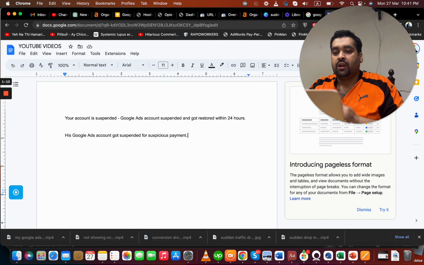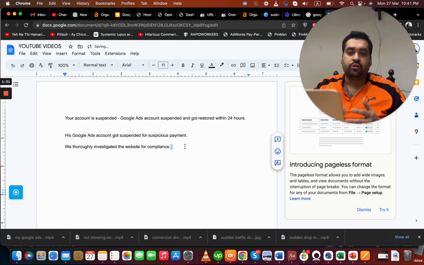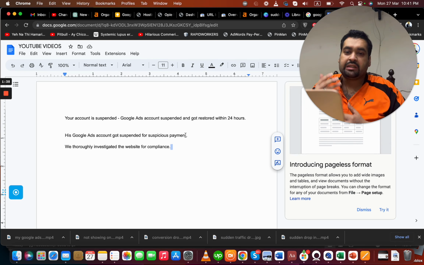So what we did was we thoroughly investigated the website for compliance. Why it is necessary, although it's a payment error, is because what usually happens is that if your website is not compliant, then first you are going to see this error, and when you reapply, you are going to see a circumventing system error.